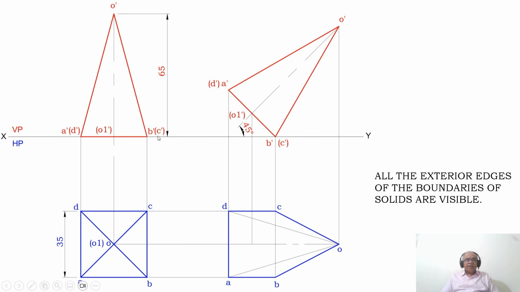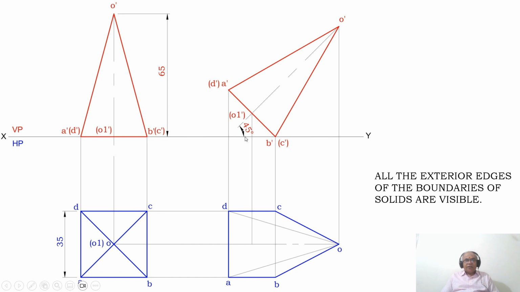Since he says the axis is inclined to HP at 45 degrees, you can see that once you rotate this, the axis will become inclined and this point will be above the HP. We don't know where exactly this point will be, but as we rotate the base by 45 degrees, this will become a right angled triangle.